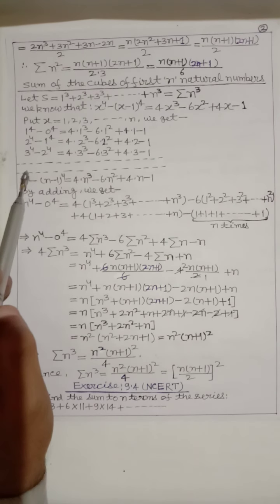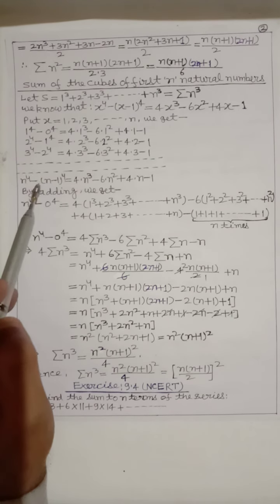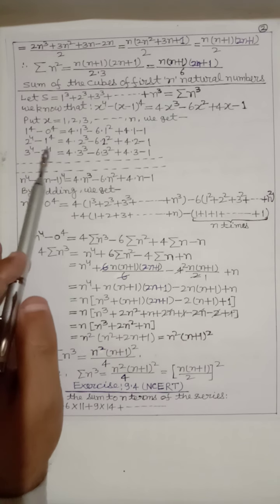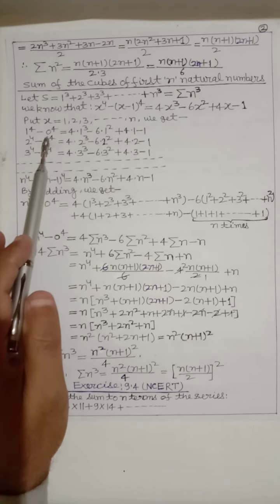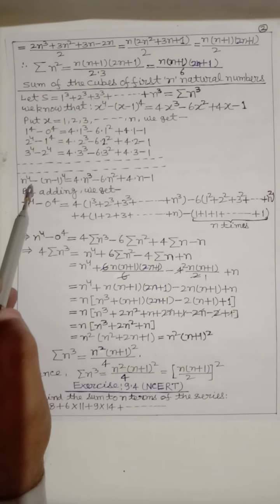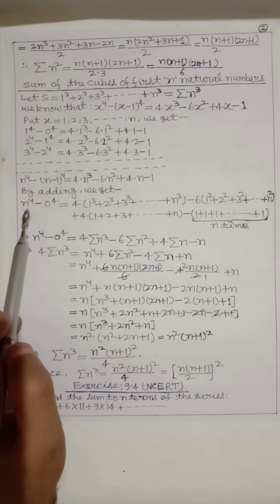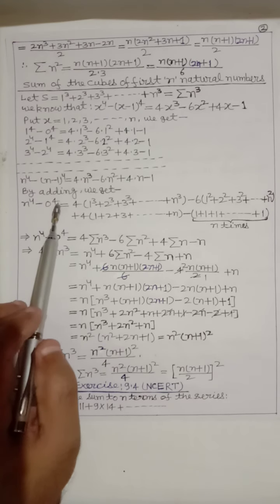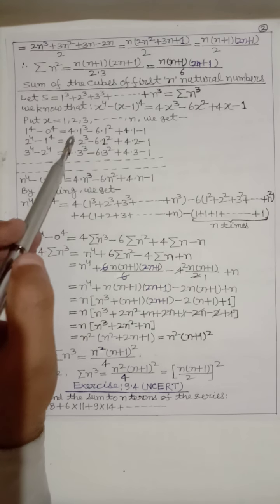Here n minus 1 to the power 4 minus n minus 1 to the power 4 will be cancelled, and finally we get minus 0 to the power 4 and n to the power 4. So after adding, we get n to the power 4 minus 0 to the power 4.